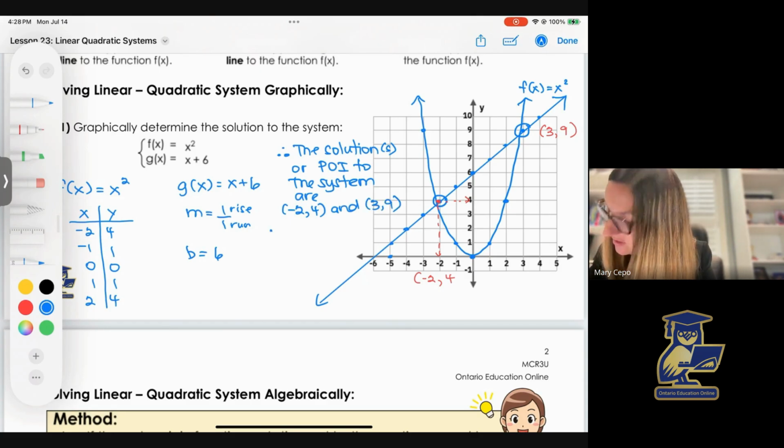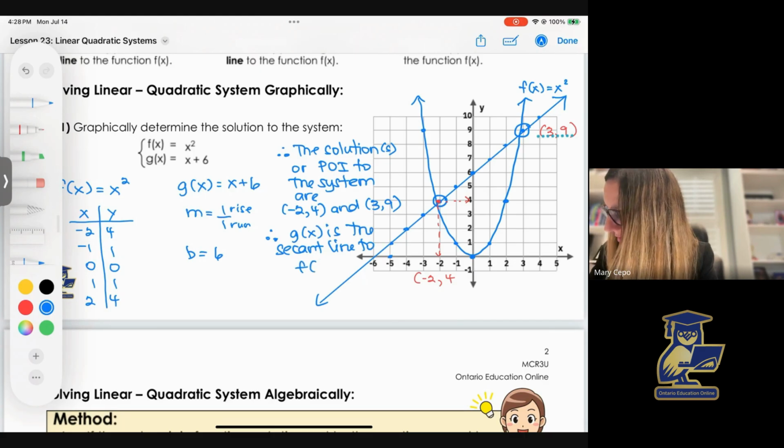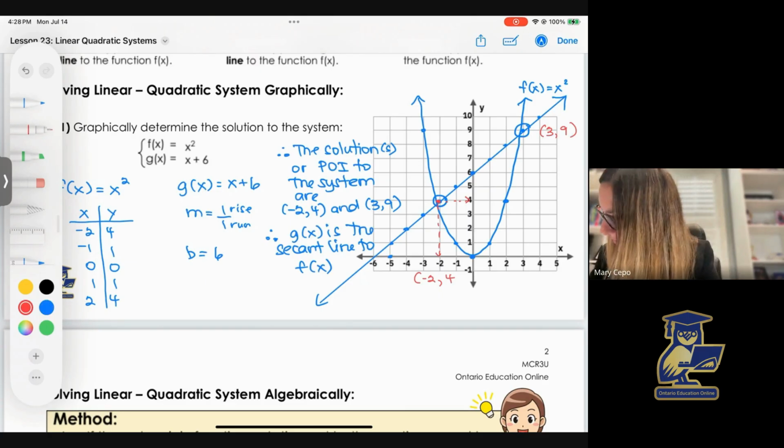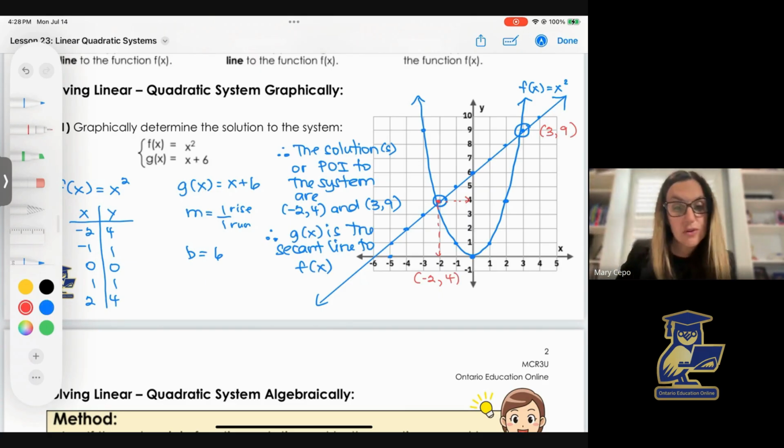So we also can say, therefore, g of x is the secant line to f of x, right? Because it does cross it at two distinct points. Excellent. So that's how we would solve a linear quadratic system graphically.